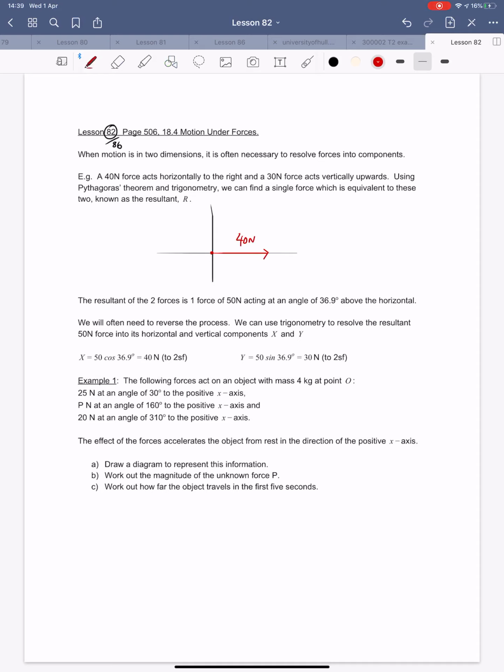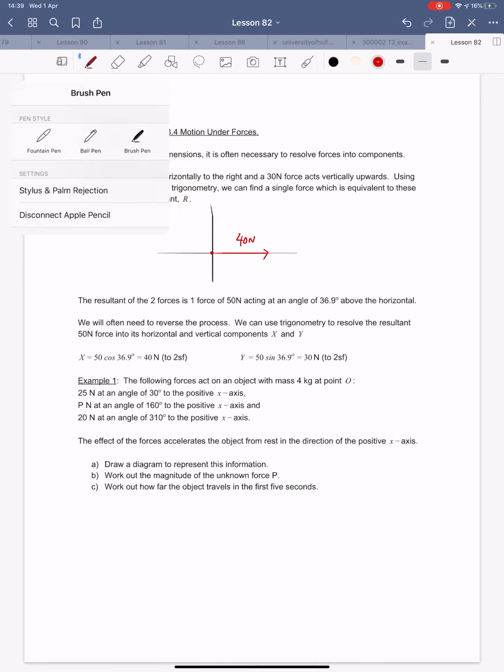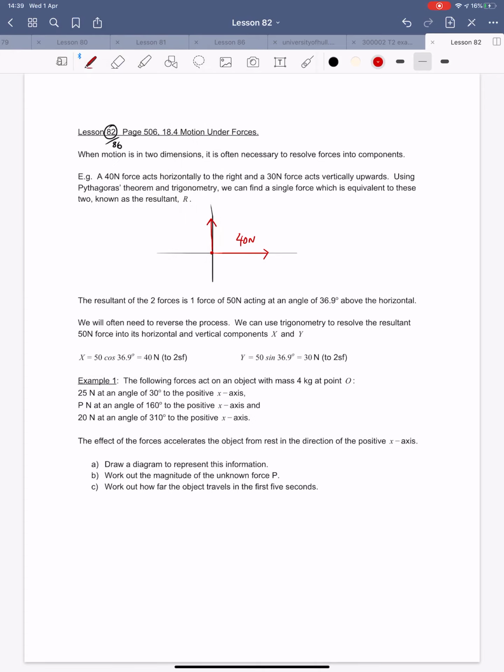And a 30 Newton force acts vertically upwards. So using Pythagoras' theorem and trigonometry, we can find a single force, which is equivalent to these two, known as the resultant. Okay, let me just put that 40 in a different place. So it's 40 newtons that way.